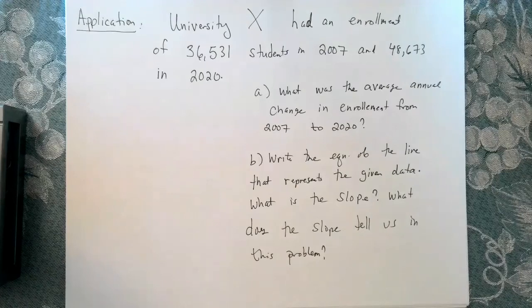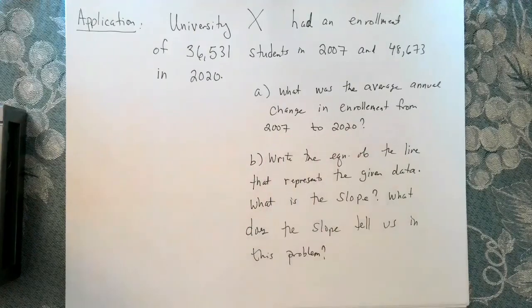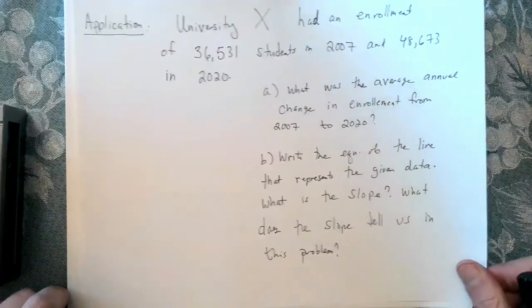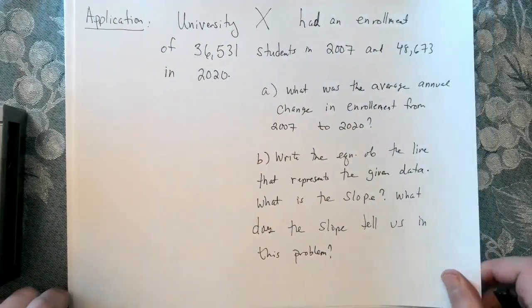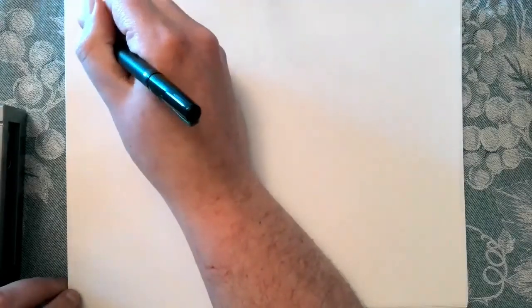Okay, so first we want to find the average annual change in enrollment from 2007 to 2020. By the way, pause here if you need to. This would be a good time. Okay, so let's go for it. So let's collect what we know.